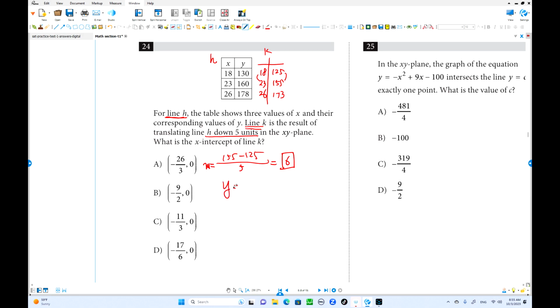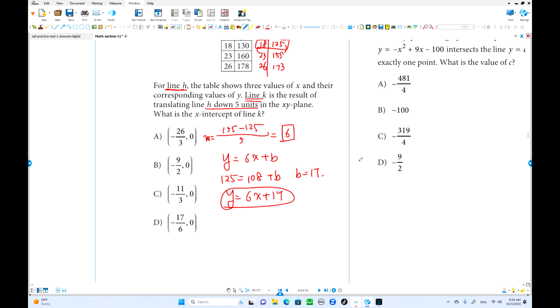Use this slope, y equals 6x plus b, right? Any point. So when x is 18, y equals 125, so 125 equals 6 times 18, which is 108, plus b. b equals what? 17, right? So y equals 6x plus 17. That's the equation of that line K. So to find the x-intercept, set the variable y equals 0.